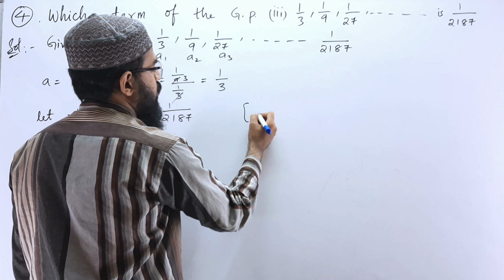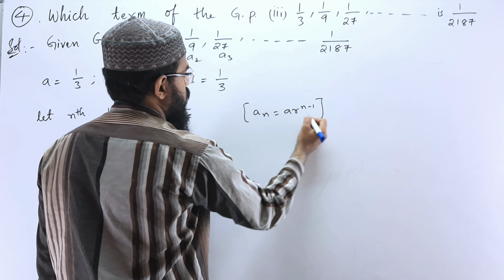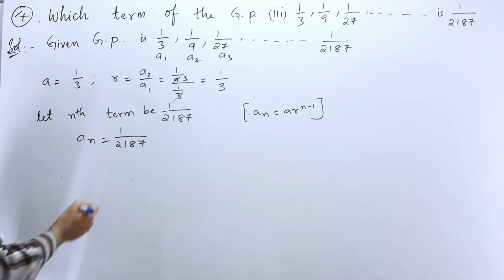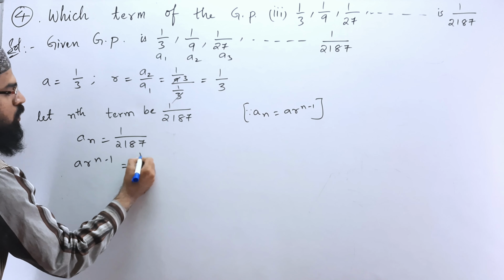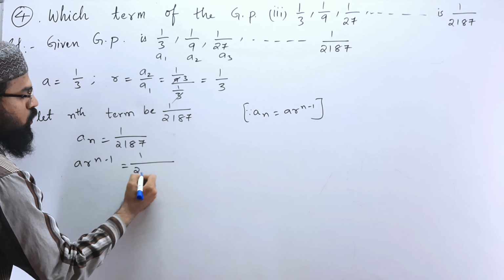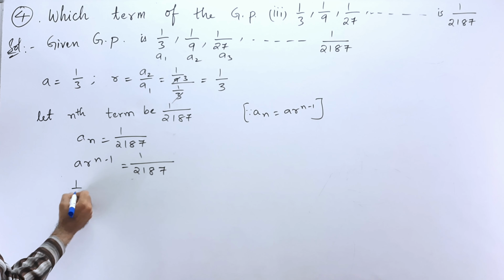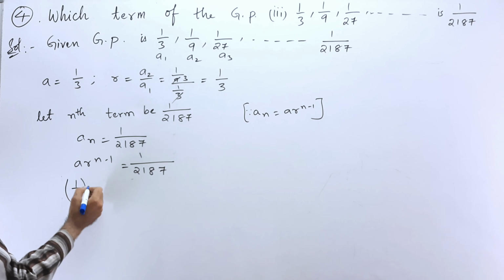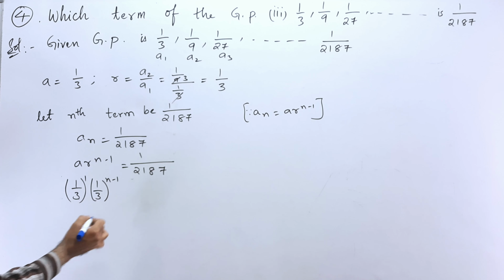So we know the formula an is equal to a r to the power of n minus 1. a r to the power of n minus 1 equals 1 by 2187. So what is a? 1 by 3. r is 1 by 3, whole to the power of n minus 1.